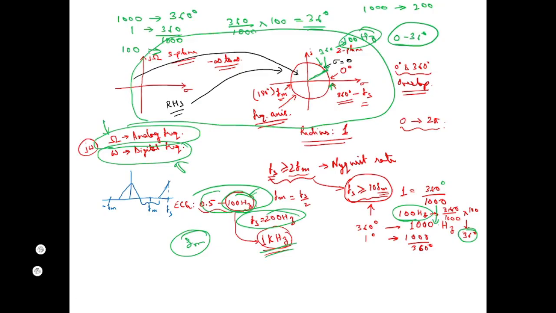Why is decimation required? In a single digital system, you have acquired the data at a sampling frequency of 1000, but then you have resampled it and converted it to 200. So the same digital system is handling two types of sampling rates.